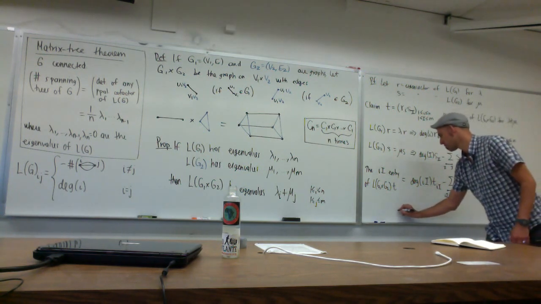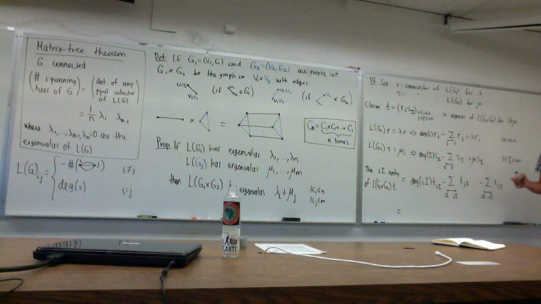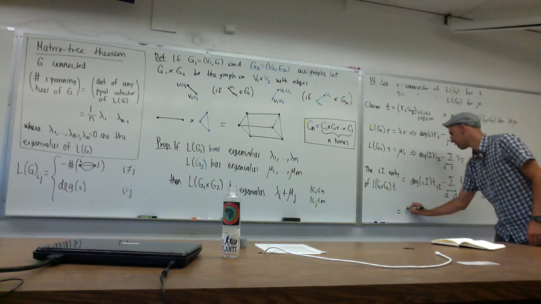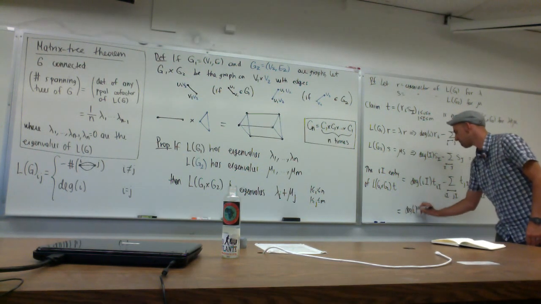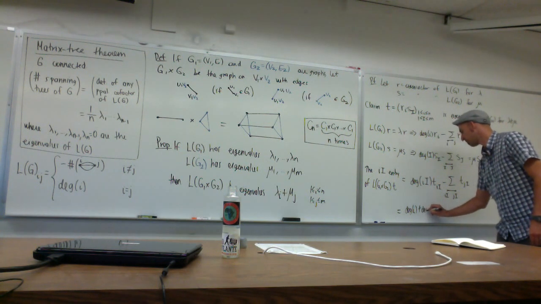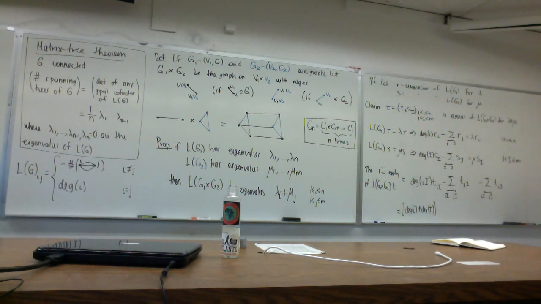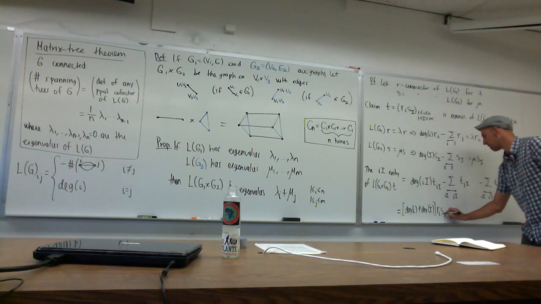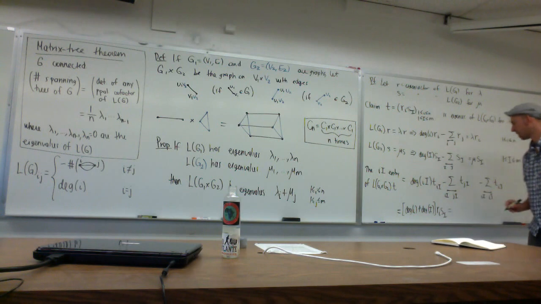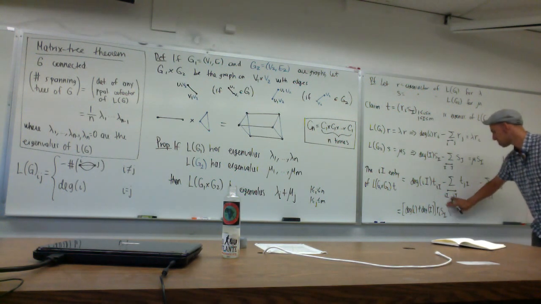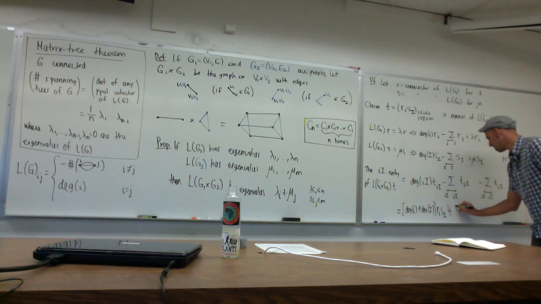Now, what is the degree of I, I? Well, again, think about it. If you have a vertex in the product graph, how many edges come out of there? Well, the black edges and the blue edges. And there's degree of I black edges and degree of capital I blue edges. Now, by definition, T I I is R I S capital I. And then I get minus the sum.